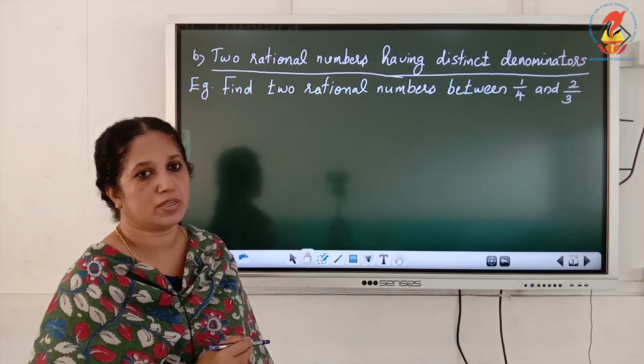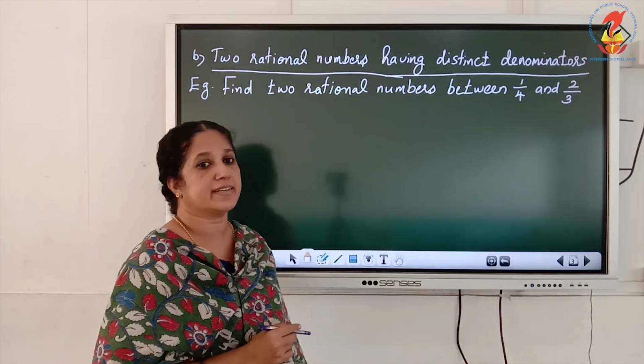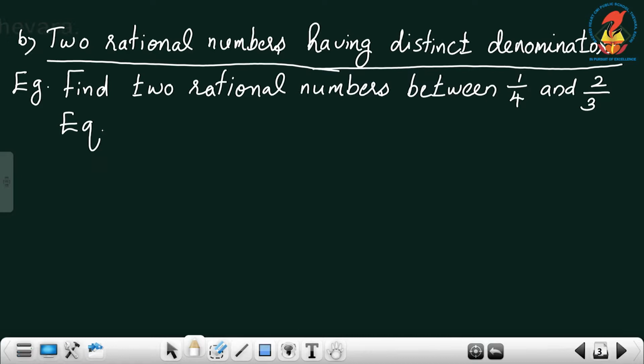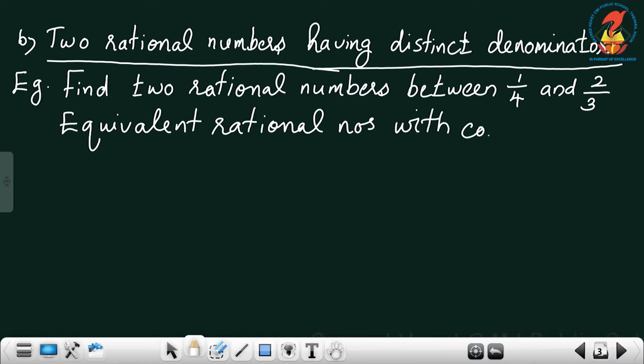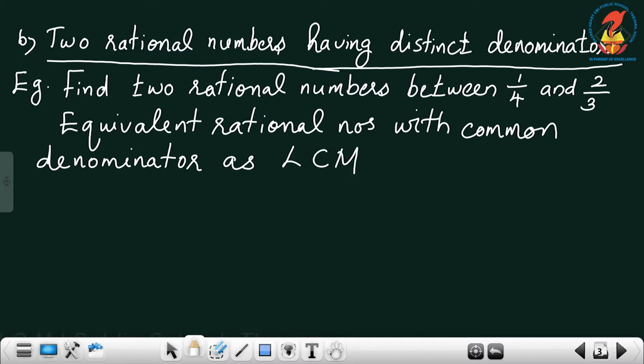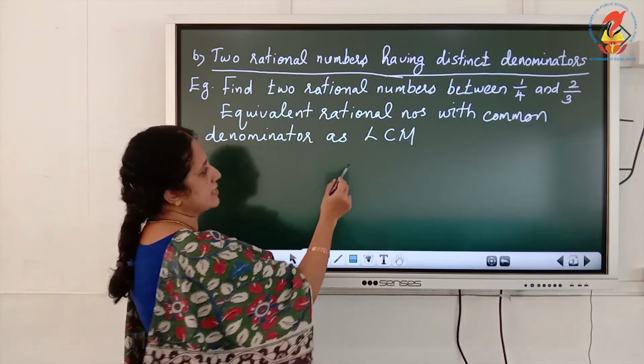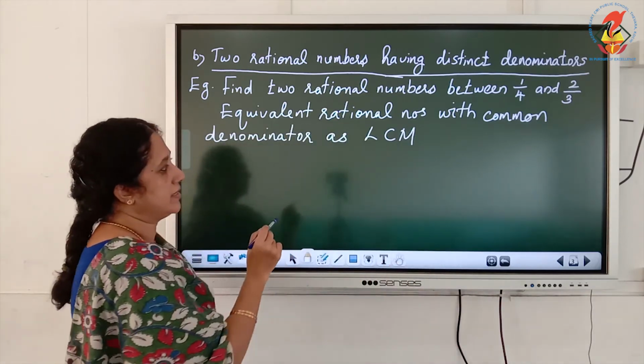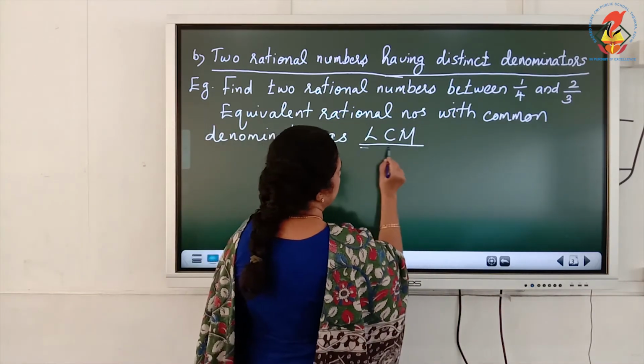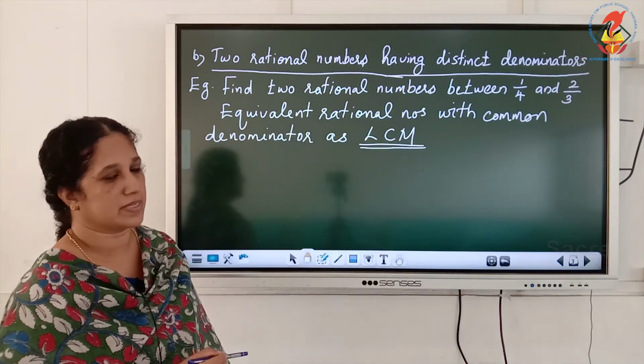So what do we have to do? We have to find equivalent rational numbers with a common denominator, and the common denominator should be the LCM of the denominators of the given rational numbers.